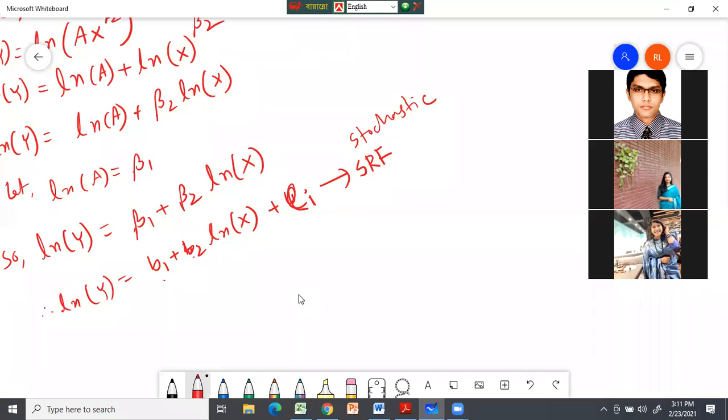Okay. So how can we write this down? We know that when we are estimating B1 and B2 values in terms of log of X, I should say what is X and what is Y here. Let Y be the demand of the product and X be the price of the product, because we know price is independent, demand is dependent.